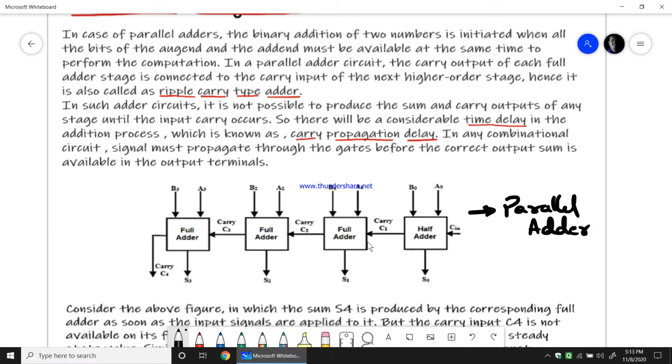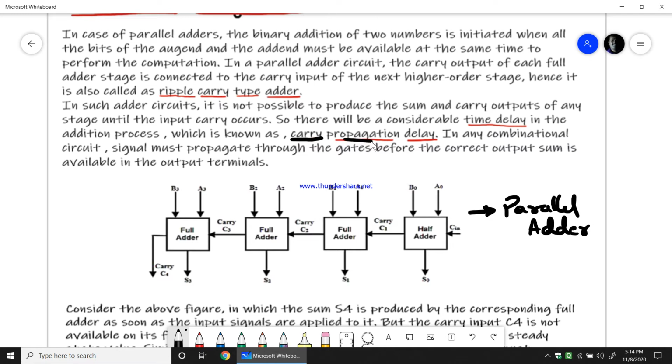So while getting the sum output, all these full adders wait for the previous adder to generate its carry, and the time delay introduced by the full adder waiting for this carry is called carry propagation delay.